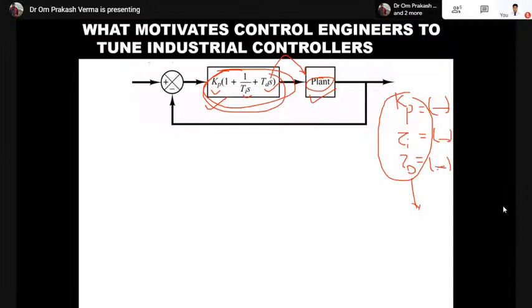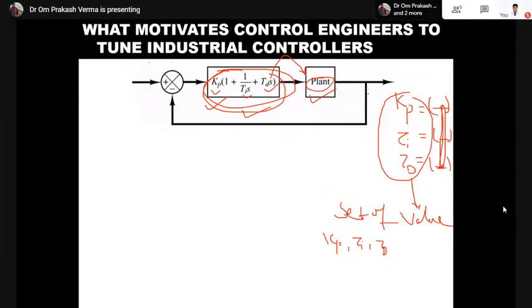Optimization means you have to choose one set of values of kp, tau I, tau d, where the controller gives the optimum process parameters, or the optimum response.